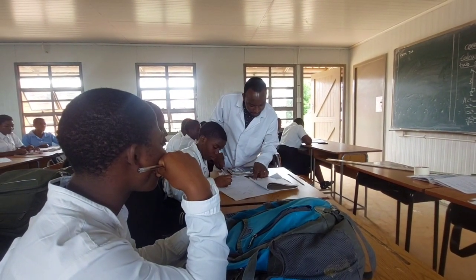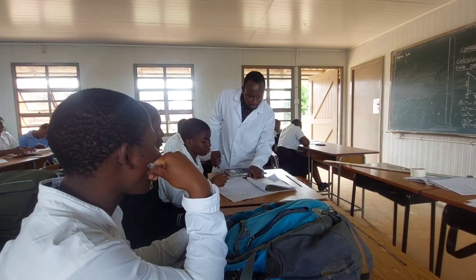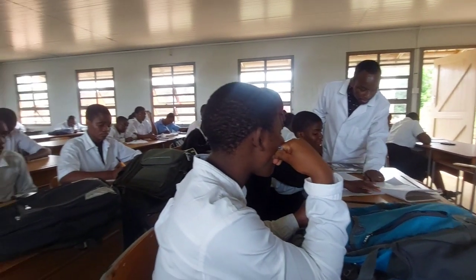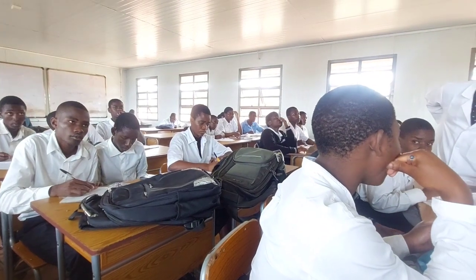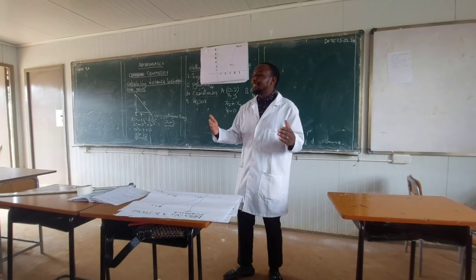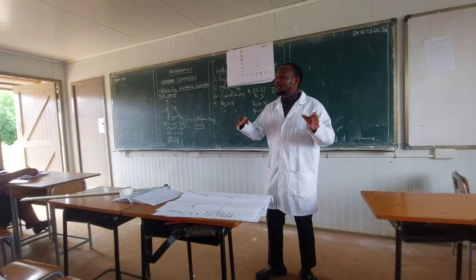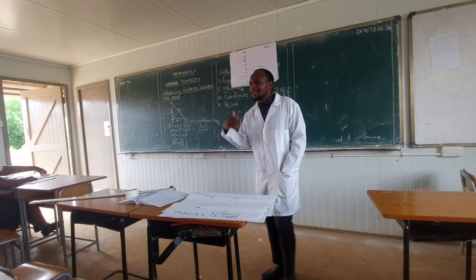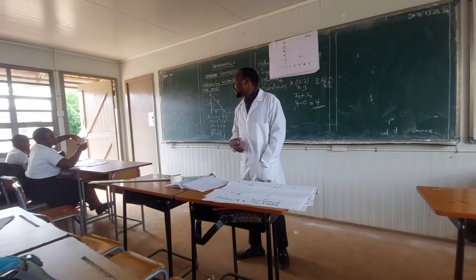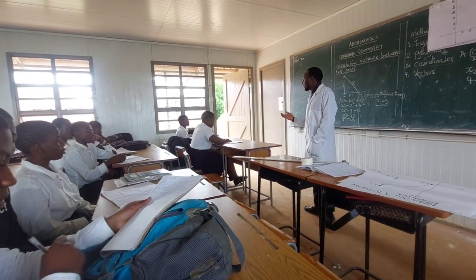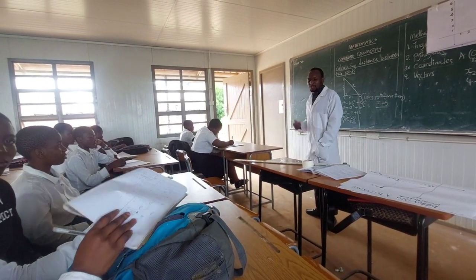This is 1 plus 4. Where are you getting this 1? Who can just summarize what you have done? Who can share with the class? Felisana, have you said anything in this class? No. So it's your time.